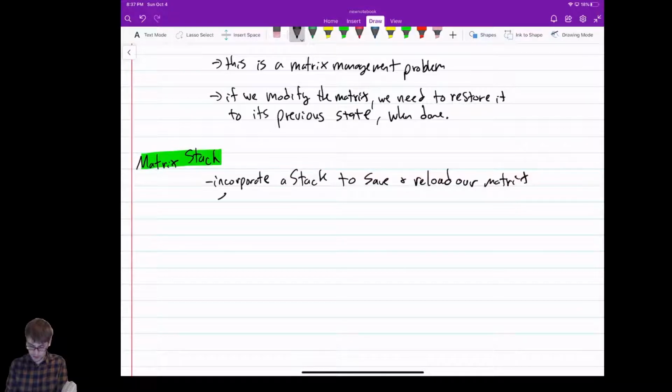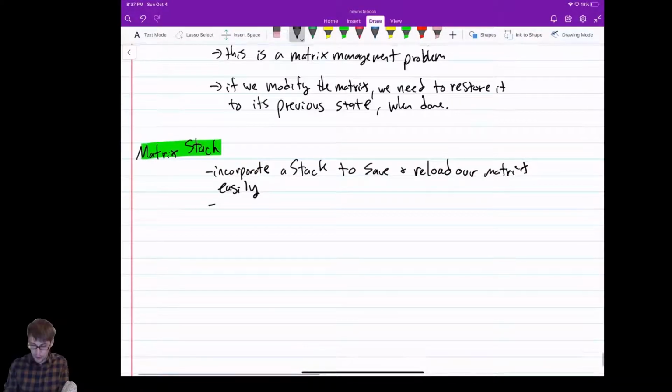Saving the matrix easily. So stacks are great. First of all, if we have some stack memory already saved, we can add and remove from the stack much quicker than allocating new memory, right? Or doing our own copy. It's centralized, so this is a simpler implementation, okay?